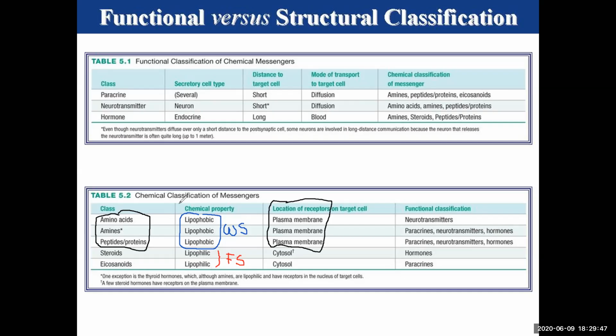But if we have chemical messengers that are fat soluble, the steroids and the eicosanoids, they go straight through the membrane. So the receptor is in the cytosol or the nucleoplasm, meaning inside the nucleus.